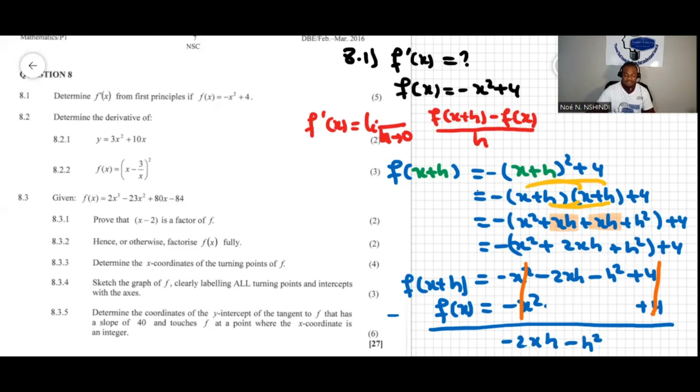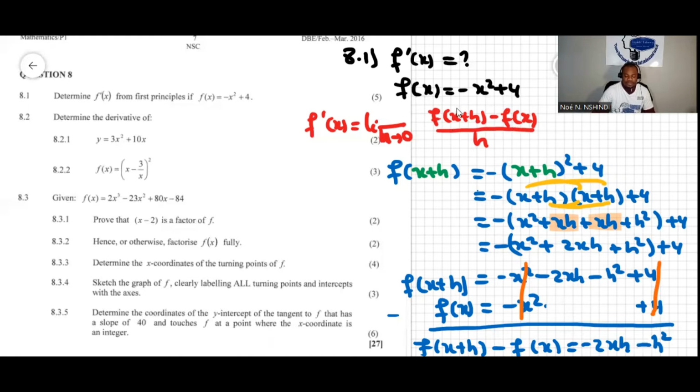This is f of x plus h minus f of x, and this is equal to negative 2xh minus h squared. Now we need to work out the numerator.